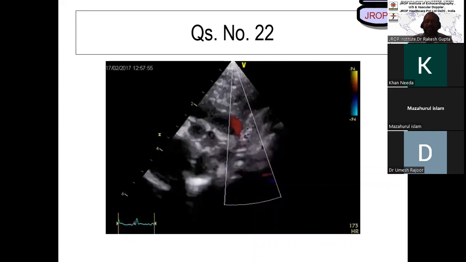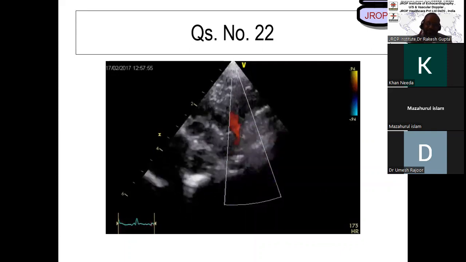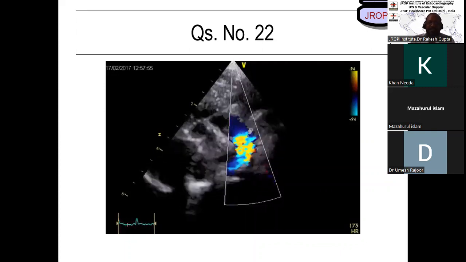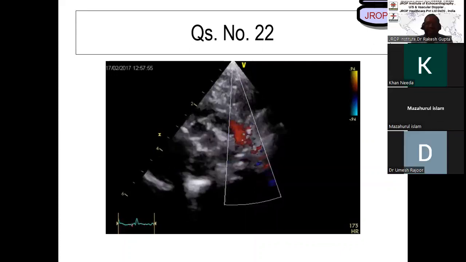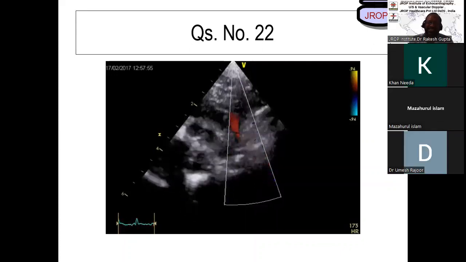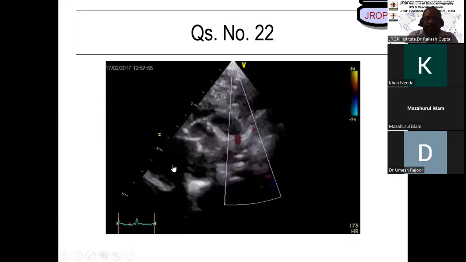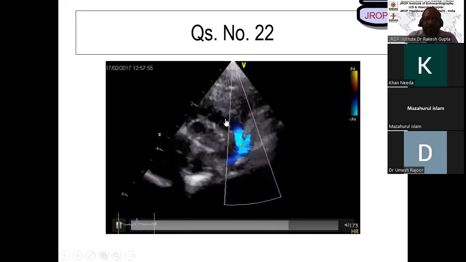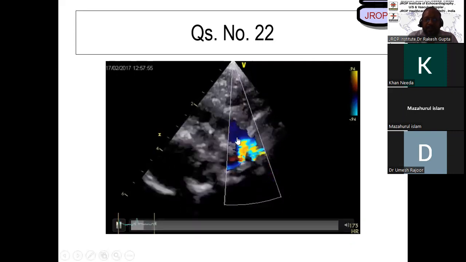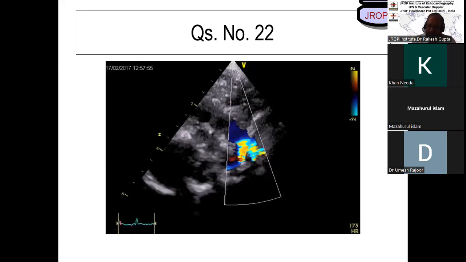Yogesh was sitting right behind and raising his hand. So good job done. This is classically pulmonary stenosis. This is the aorta over here. This is the RV outflow tract and the pulmonary artery, which shows turbulence. This is classically valvular pulmonary artery stenosis. Correct? Great. Good job done.